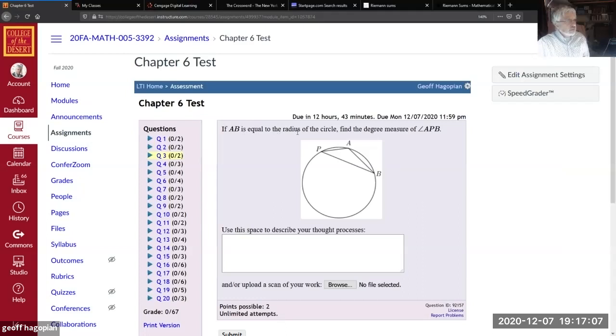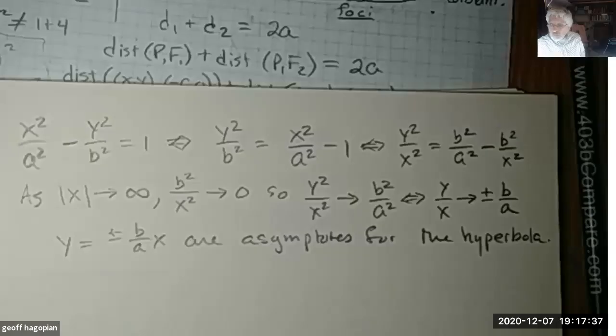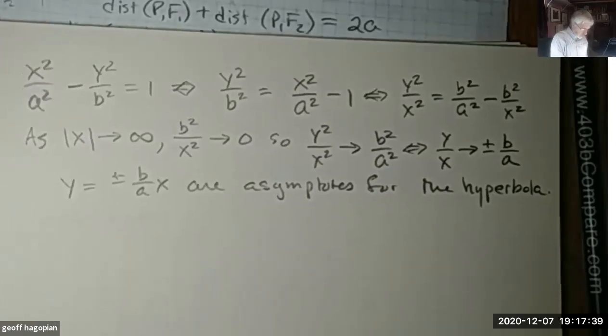So AB is, there are no variables. So the degree measure of angle APB, where we know that AB is the radius of the circle. So it only depends upon AB. Well, let me draw the picture. A little sidebar here.